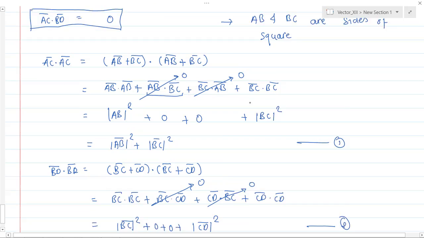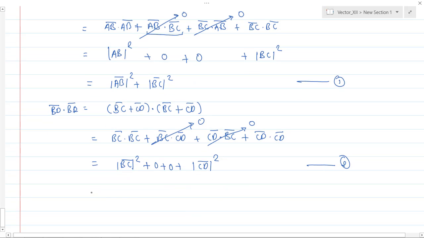All the sides are the same. Here I have mod of AB square and mod of CD square, which are nothing but the sides of the same square. So we can definitely say that AB is equal to CD. If AB is equal to CD, AB square and CD square will also be the same.